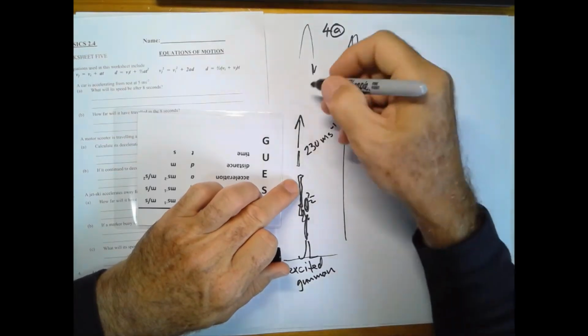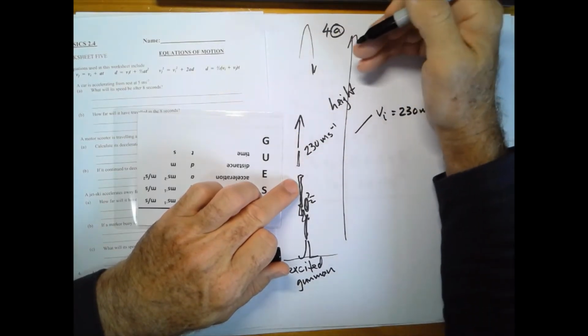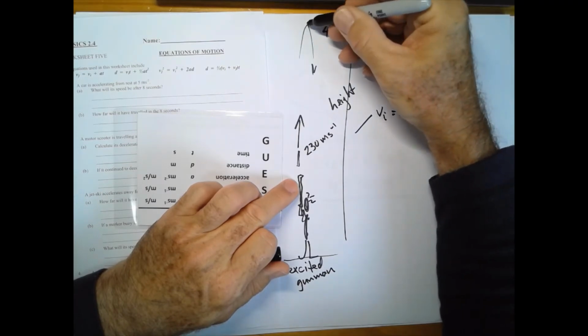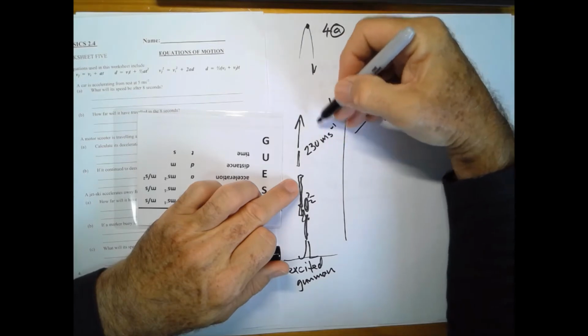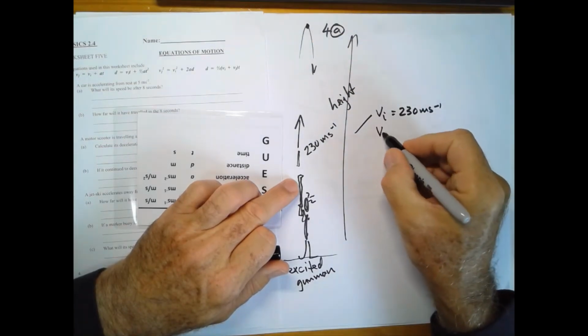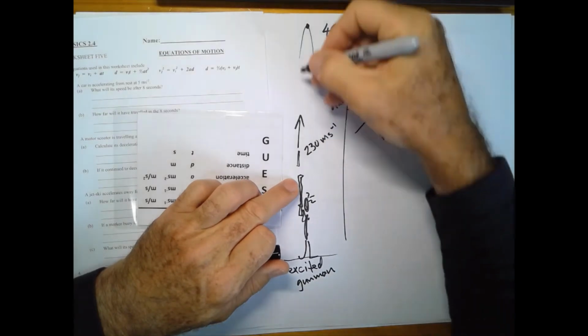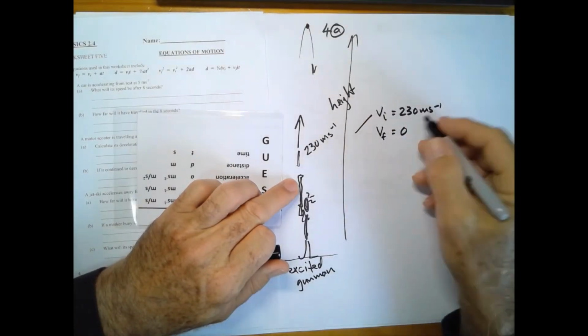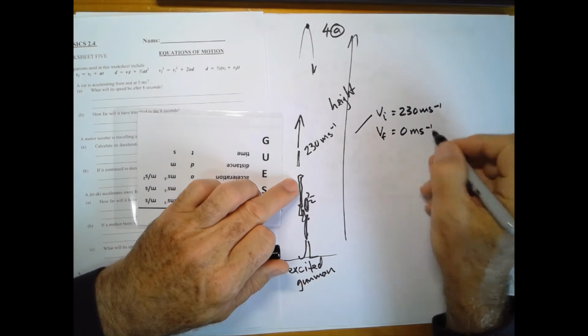So when we say how high does it reach, we're saying how high is it when the velocity has dropped from 230 down to 0. So the final velocity at the top of its trajectory is 0 meters per second.